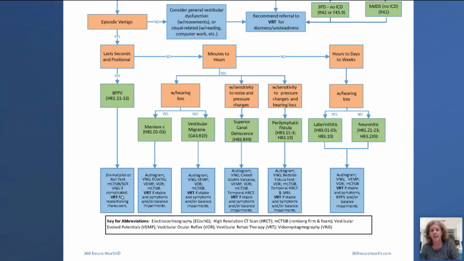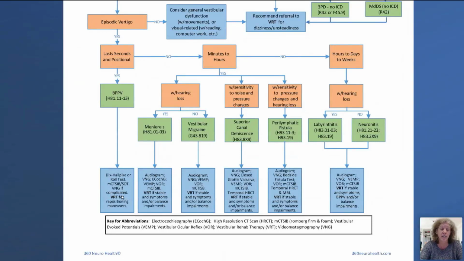We want to be testing gait. Maybe you have access to posturography testing. So we're not just going to do the assessment for BPPV, primarily in the vestibular rehab setting. Certainly at a physician's office or a PA's or nurse practitioner's office, they may just want to do that testing.